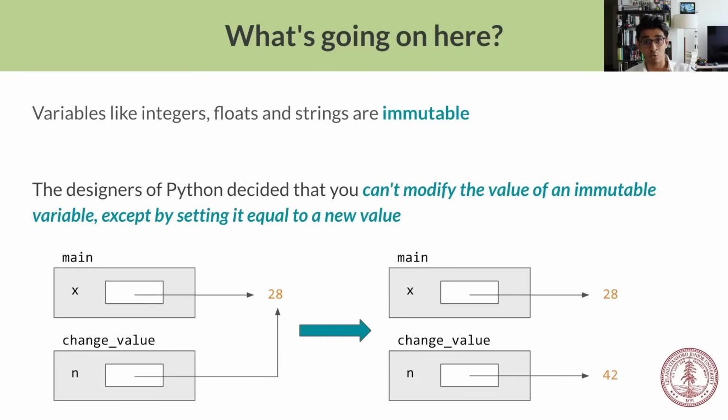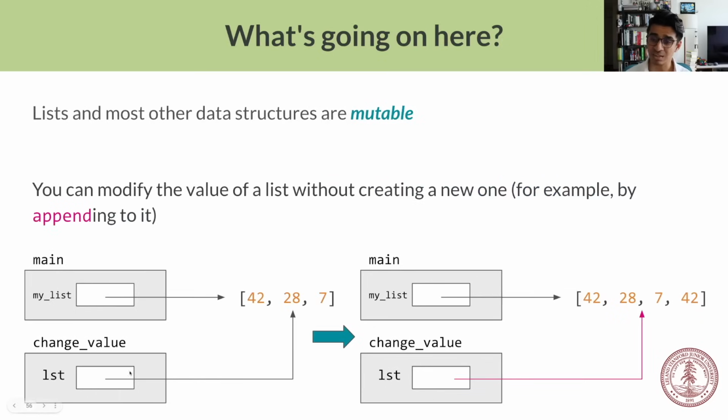I only know where my new bag is. So what we're essentially saying is that while both main and change value are holding luggage tags, change value has changed what its luggage tag is saying, so that main and change value's luggage tags are no longer talking about the same suitcase. In this case over here, the situation is slightly different.